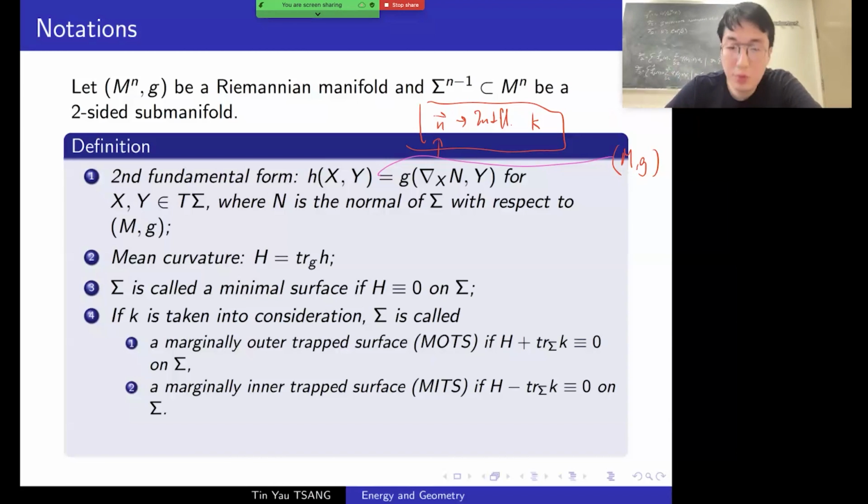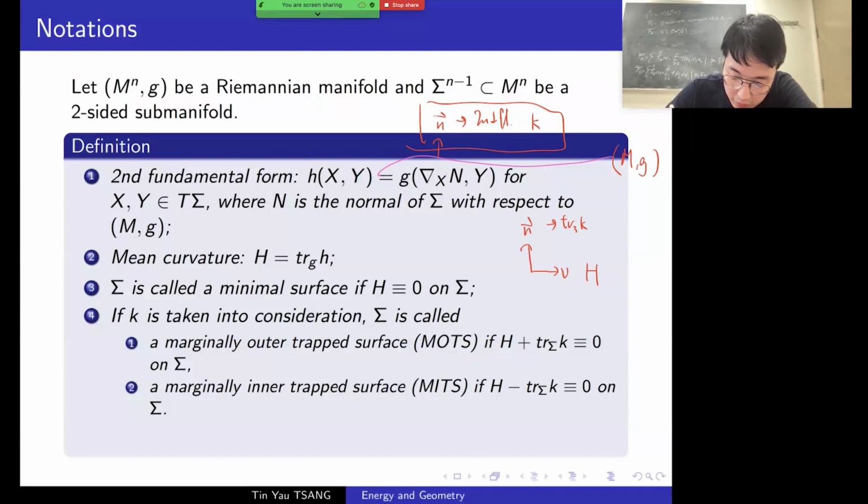Okay, so what is the meaning? First of all, the time normal here tells us information about tr_sigma k. And then for the space-like direction, we also have a normal nu, and we have H. So what if H plus tr_sigma k equals 0?